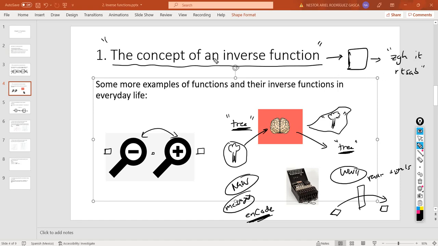So this is the original message, this is the encoded message, and then they can send that message to the other party, to the other comrades, and these people will have to decode that message, and they can do it because they have the key. They have the way to do it.